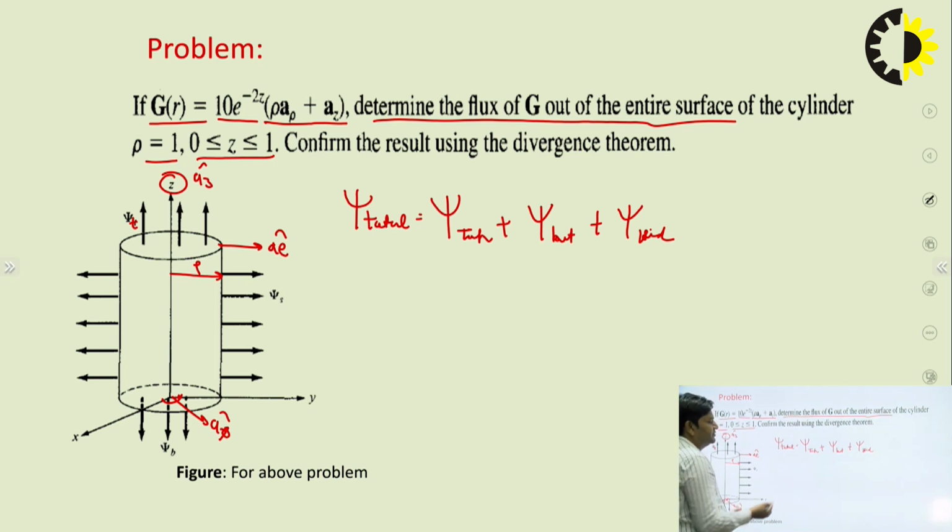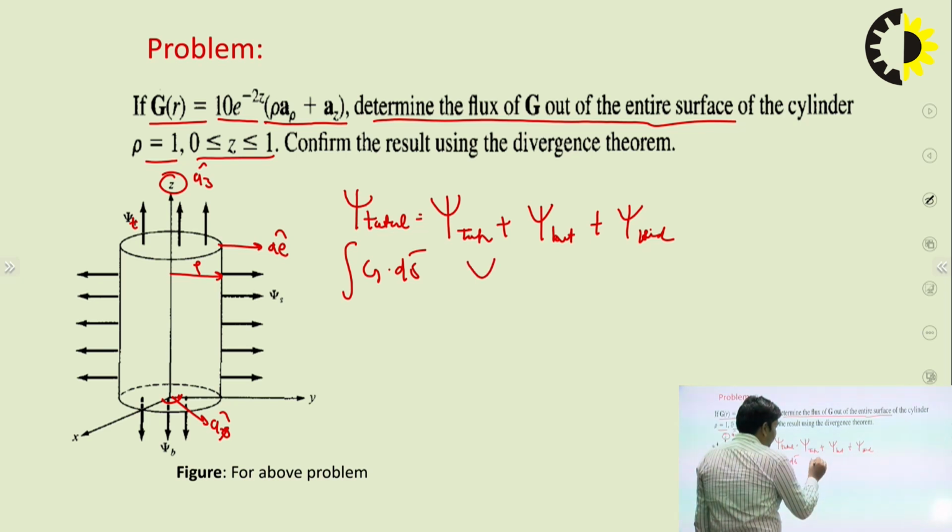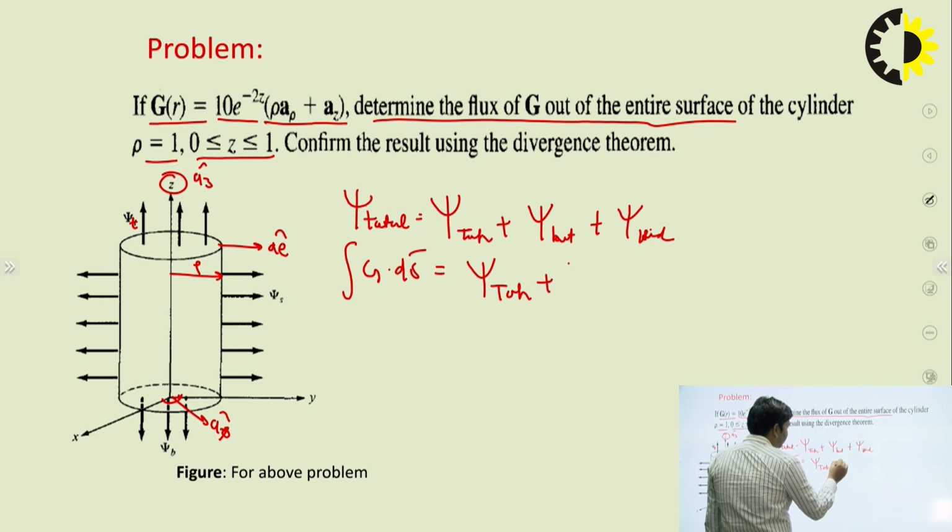So this is the total outward flux, equal to G dot ds.